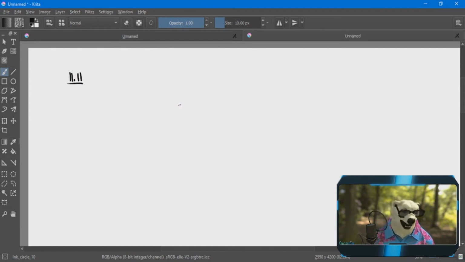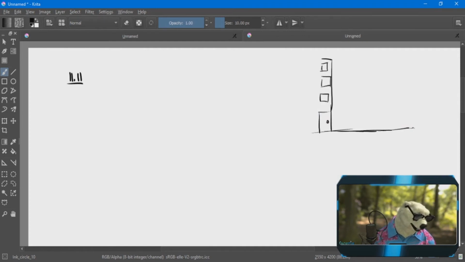Let's get a picture going here. Let's put the picture on the side. So I have my building. There's my building. There's the ground. That's assumed to be level. There are some windows in my building. There's a door. There we go, building.